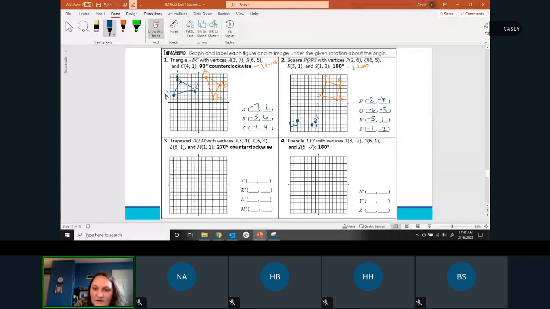R prime is -5, 1. And S prime is at -1, -2. Oh, did I write this wrong? R prime, what's it? Oh, it was a -1. Silly me. And there it is. Rotated.